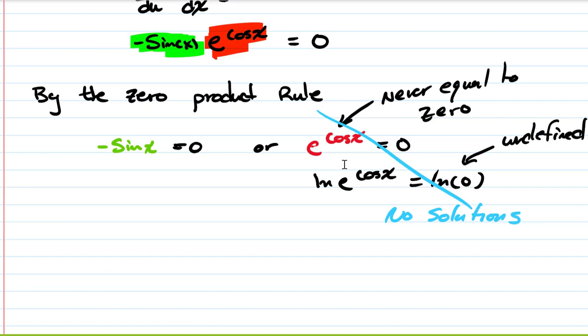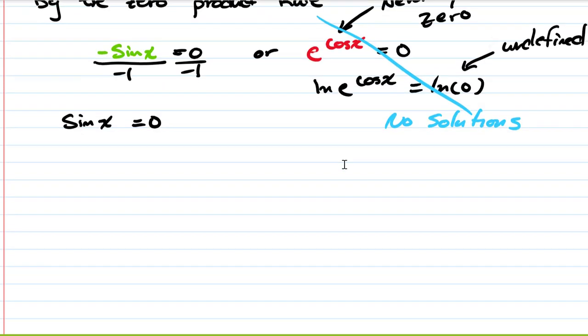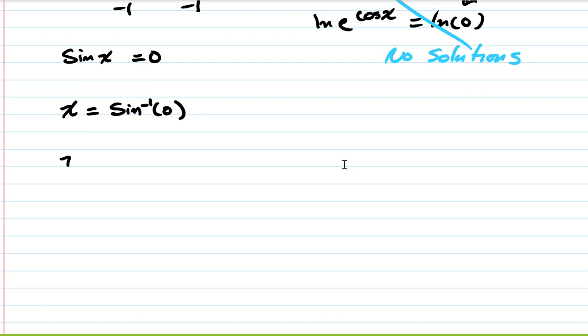So the only one we have is negative sine x equals 0. We divide by minus 1, and we get sine x is equal to 0. Then we take the inverse sine of both sides, and we get x equals the inverse sine of 0, and the solution is x equals pi times n for n being an integer.